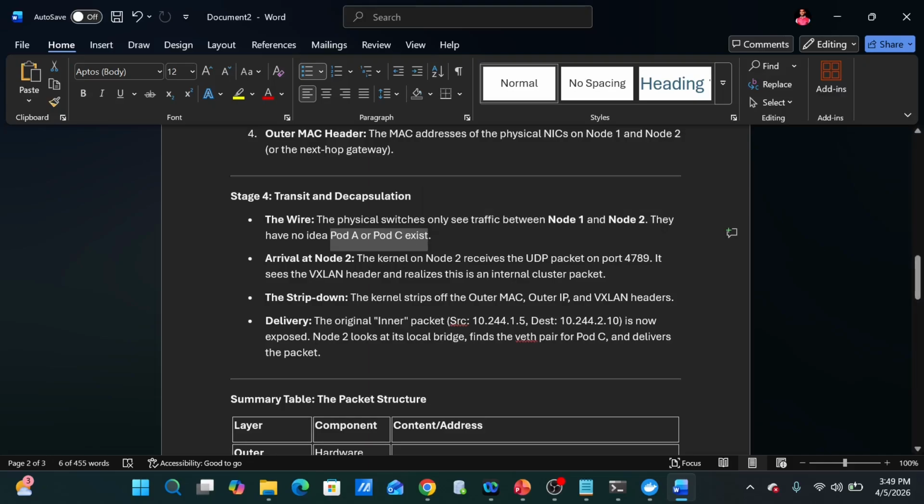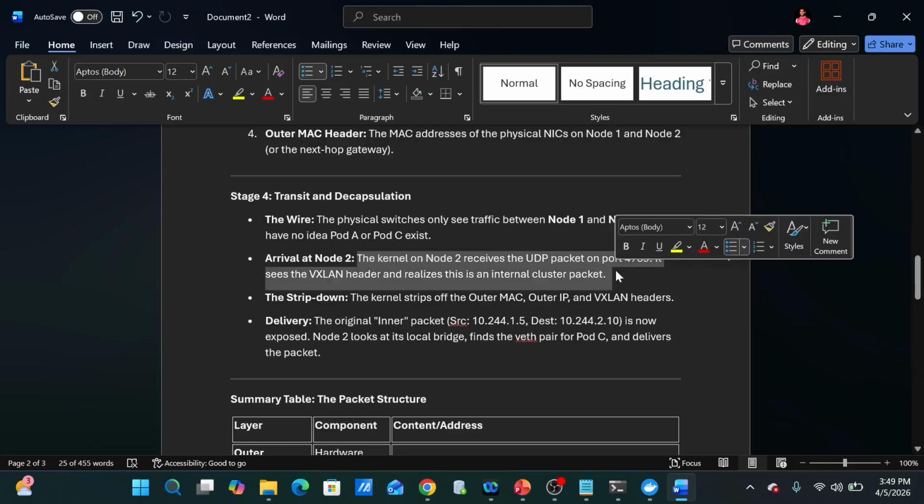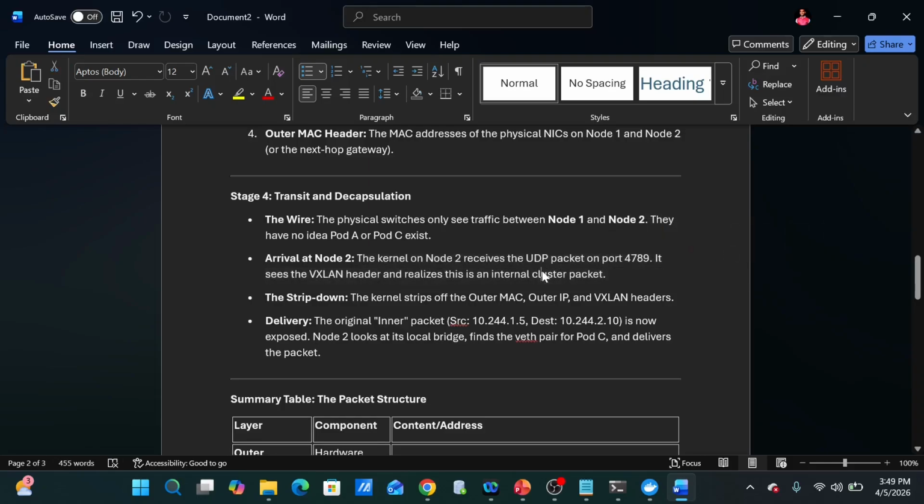So when it arrives at node 2, the kernel on node 2 receives the UDP packet on port 4789. It sees the VXLAN header and realizes that it's an internal cluster packet based on the specification of that packet. Now, because it has that knowledge, it thinks there is something inside that packet, mostly some internal cluster packet.